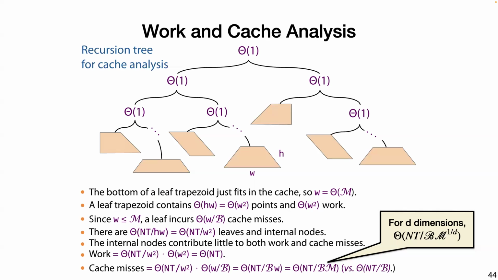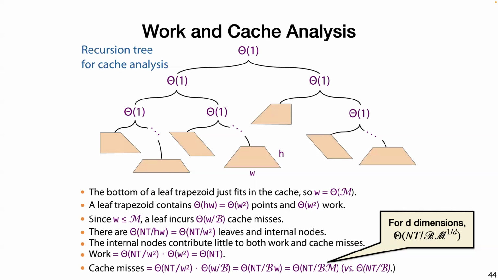The total volume of the grid is nt, and the number of leaves is how many subproblems there are. And since this is covering the entire grid, the number of subproblems is just the total size of the grid divided by the subproblem volume, which is hw. And because of the way that we did this decomposition, that is w squared at the base, where w is like m.